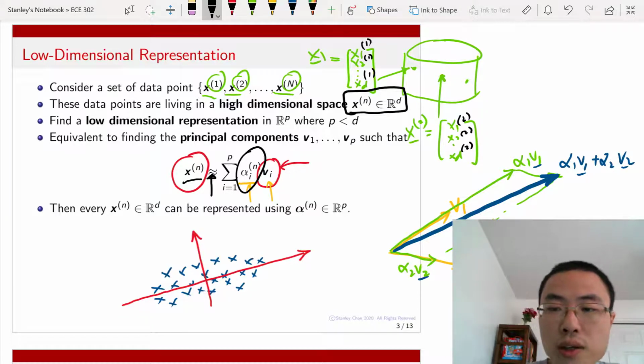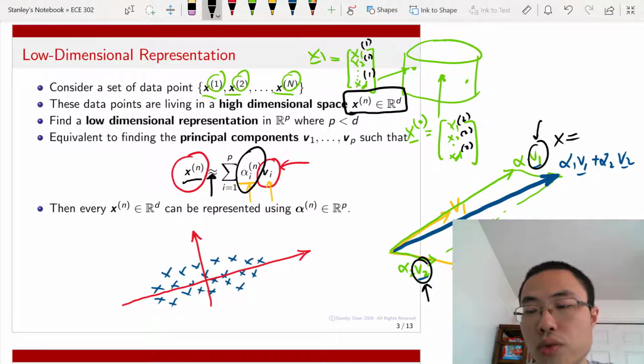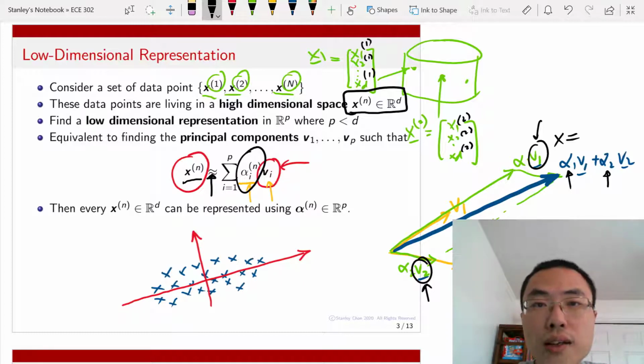Why? Well, if you know v_1 and v_2, and x is represented as this, then you really do not need to know what x is. You just need to know the combination weights. As long as you know the combination weights, and since you know v_1 and v_2 already, you will know x.